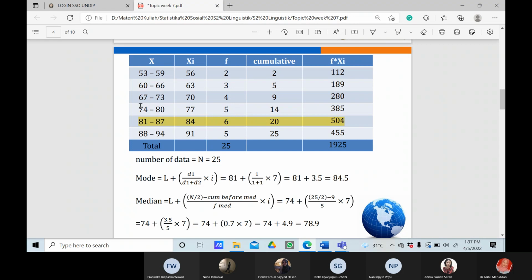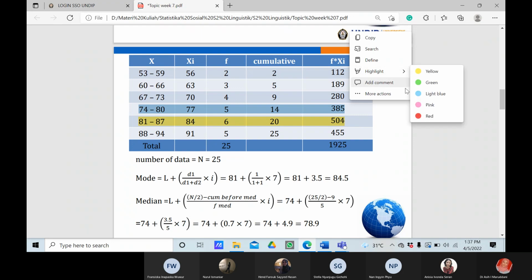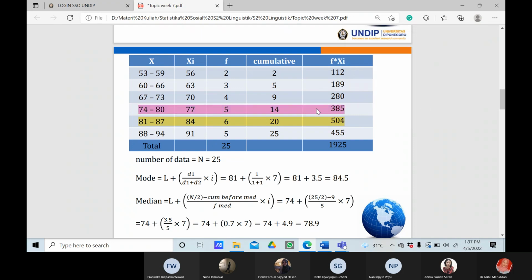And so the lower limit of the median class will be 74. I will highlight it with maybe the blue one or the pink one. The pink one is the class of the median. Okay, then you write down here the lower limit of the median, which is 74. Then you calculate n divided by 2.